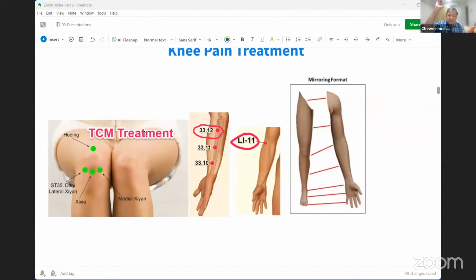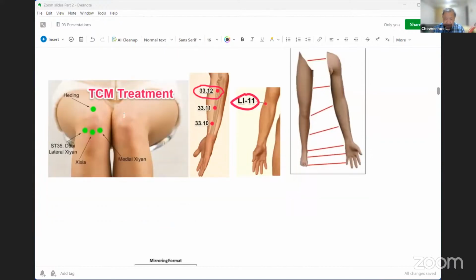But as a shortcut, if you have a patient with right knee pain, you palpate the left elbow area, a little bit up, a little bit down, and if there are RC points, you can needle those RC points. That would be the treatment style of the Tung system.